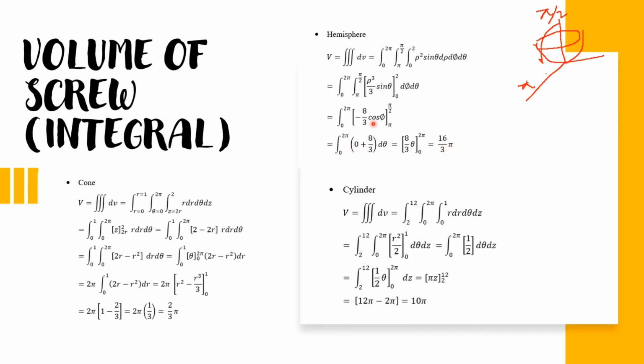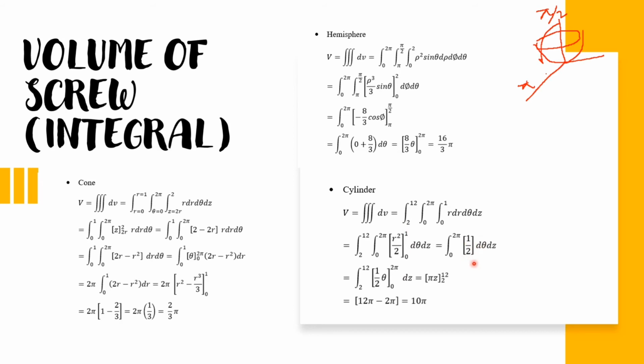The next one is the middle part, which is the cylinder. The height is 2 to 12, theta is 0 to 2 pi, and the radius is 0 to 1. For the cylinder, we use r dr d theta dz. As usual, we integrate the r part first. So we got r squared over 2, and then we insert 1 and 0.